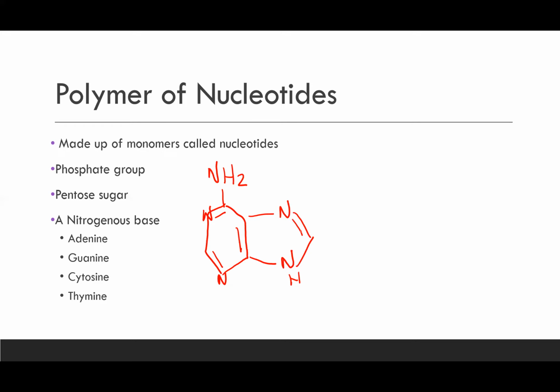And again, this will be given to you in that data booklet. So I'm not going to spend too long going through all of them. But what's really important is this nitrogen here is what will bond with the deoxyribose. So bond with the sugar. So that one is adenine.